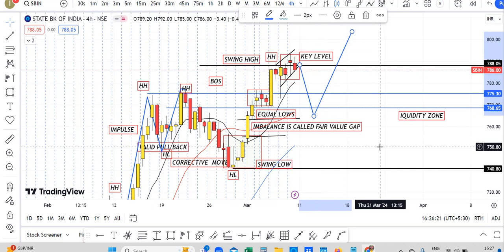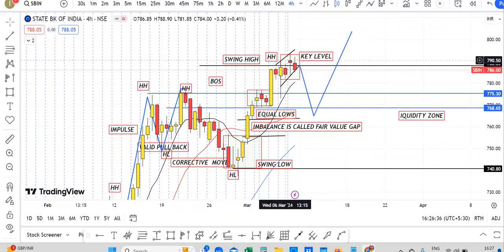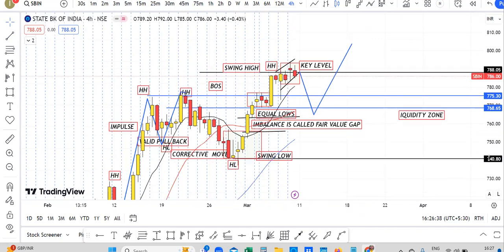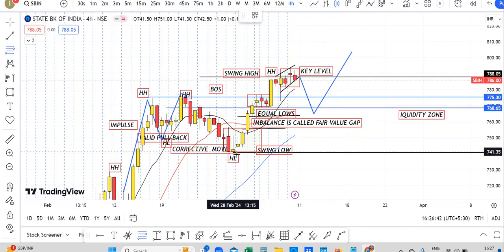And later we are going to cover premium areas and discount areas, even in the swings. Suppose I measure the swing, though I'm not saying the swing has been completed, from the latest higher high to higher low.